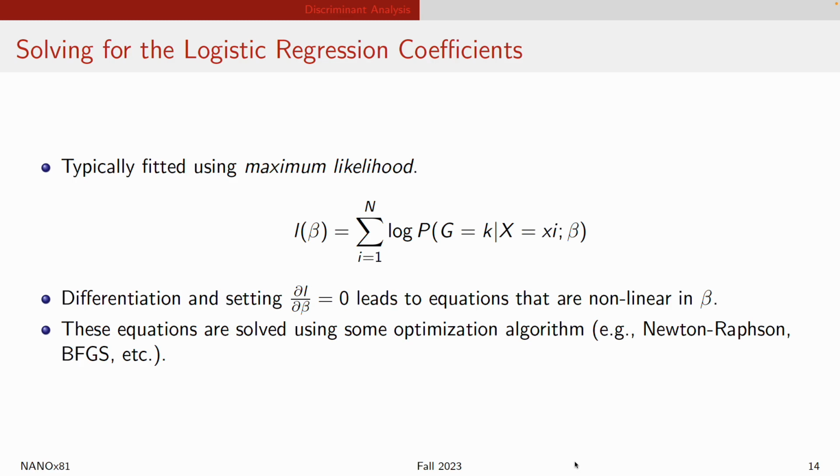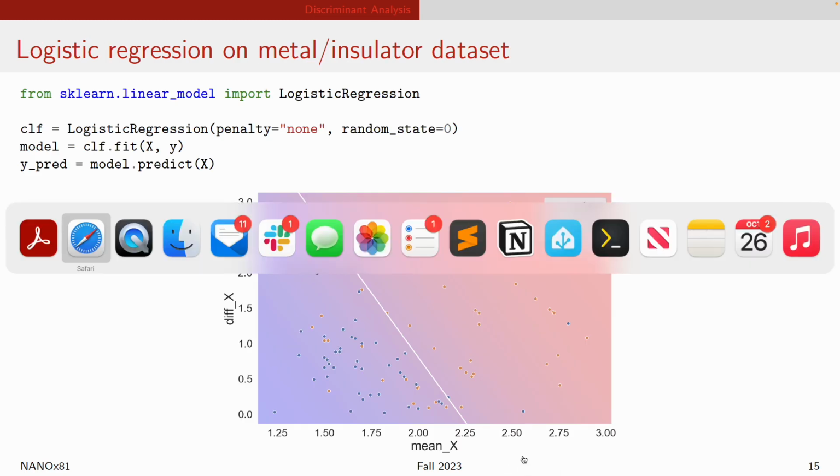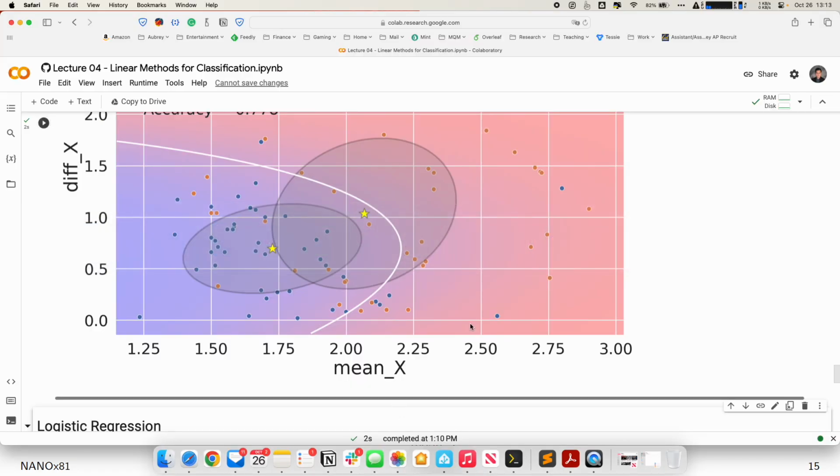What you get are equations that are nonlinear in beta, and you solve that set of equations using some optimization algorithm, either Newton-Raphson or one of your other optimization algorithms. Those details I'm not going to go through, but I'm going to show you how you go about doing it in scikit-learn.